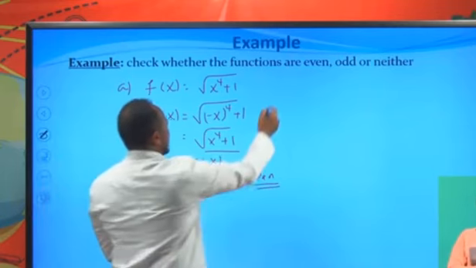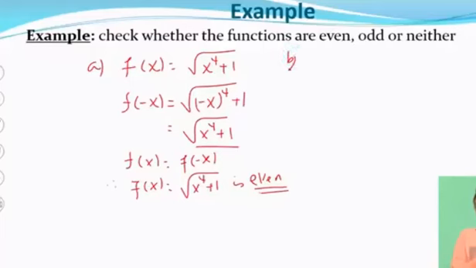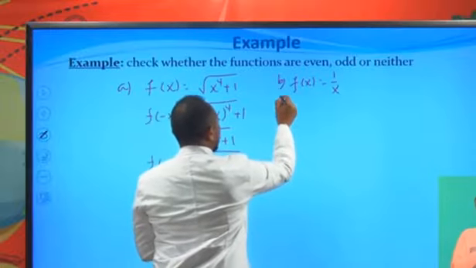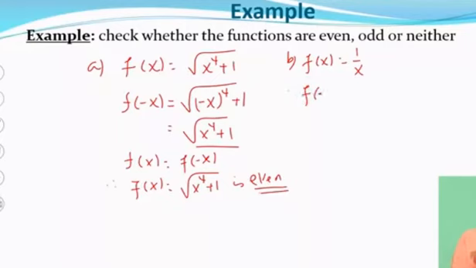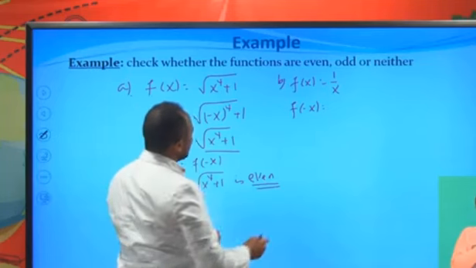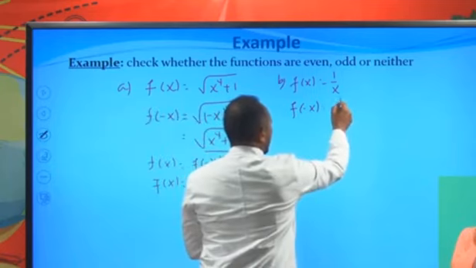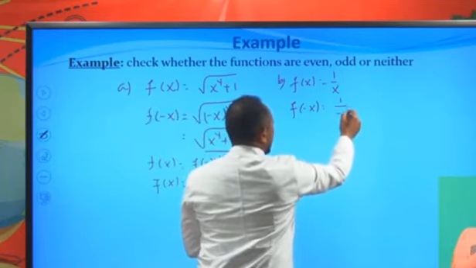Now let's see another example here. B, f of x is equal to 1 over x. Is this function even, odd, or neither? First, find f of negative x. F of negative x is 1 over, in place of x you put negative x.